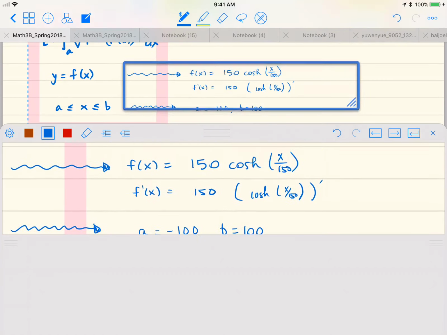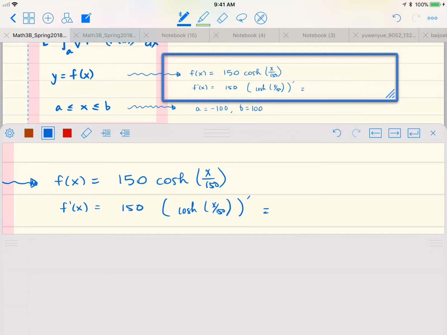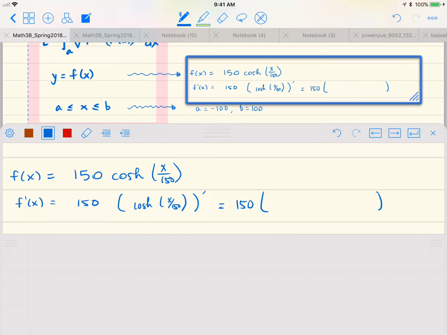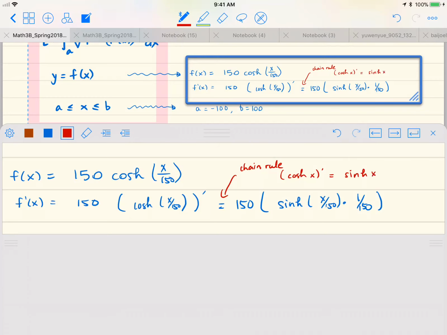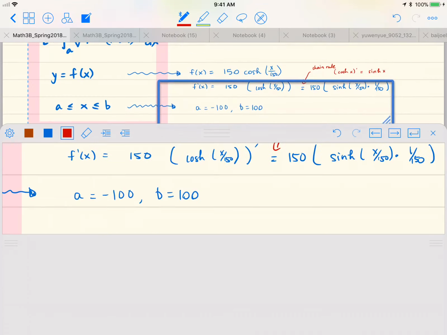Now, to find this derivative, I'm going to use the chain rule, and I need to remember that the derivative of cosh is sinh. So I'll have sinh of x over 150 times 1 over 150, because that is the derivative of my inside. So I'm using the chain rule plus the fact that the derivative of cosh x is sinh x.